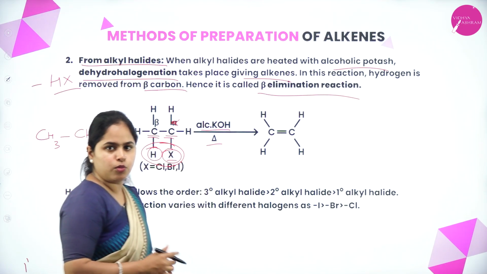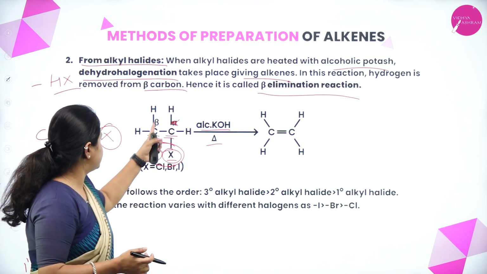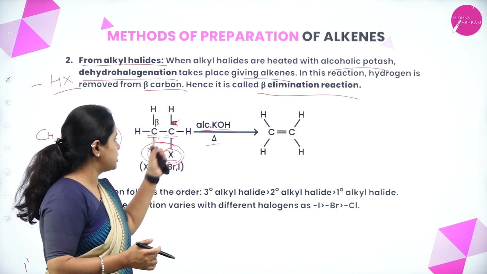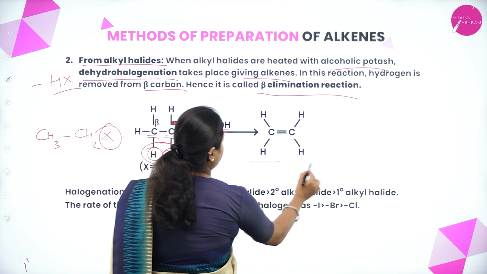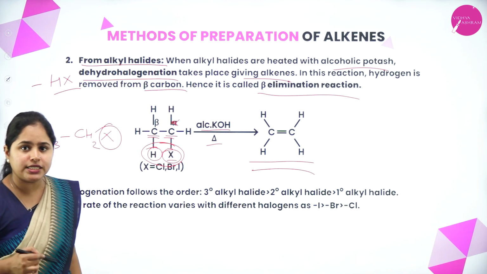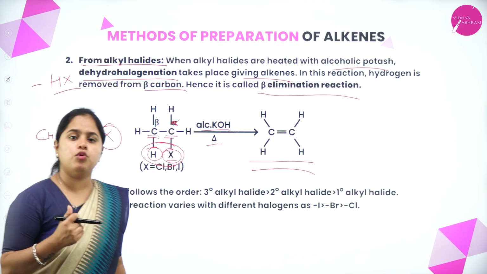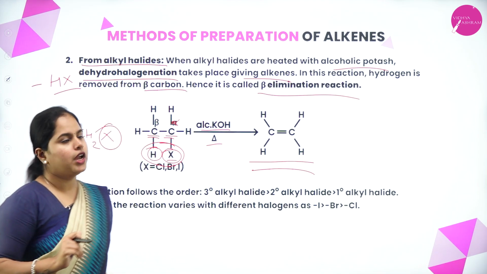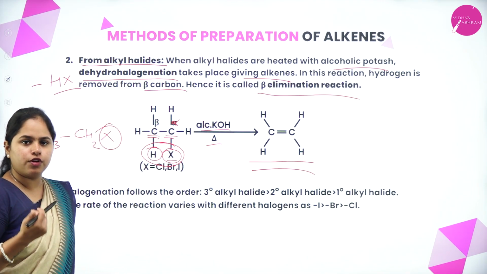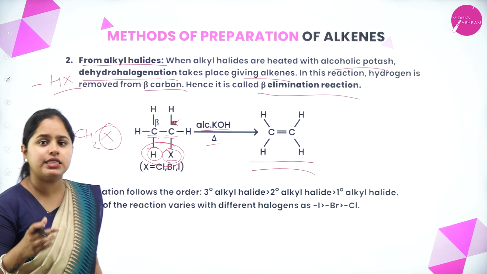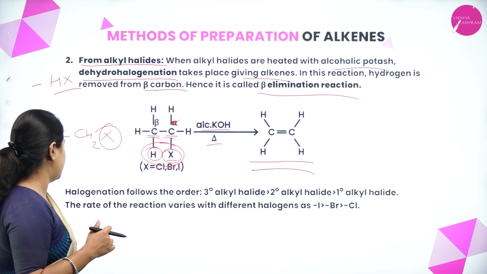So HX is removed. What is pending here? CH2, CH2, and this becomes a double bond, right? So that is why it is called beta elimination, because the hydrogen is removed from the beta carbon atom. So this is the preparation from alkyl halides, and the reagent is alcoholic potassium hydroxide.